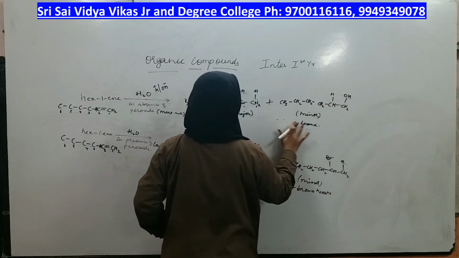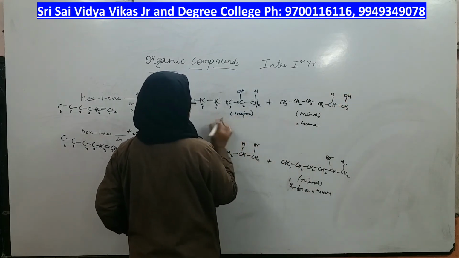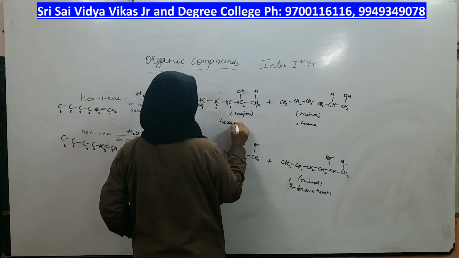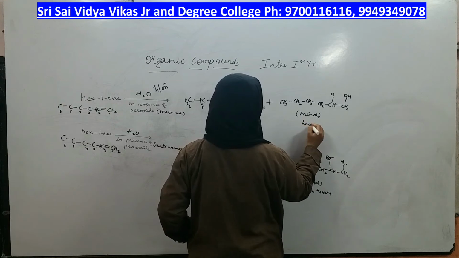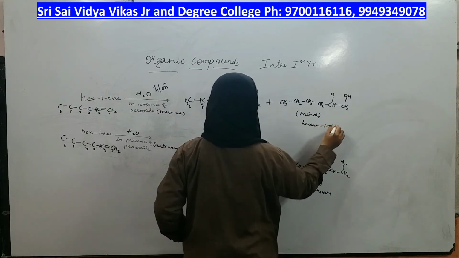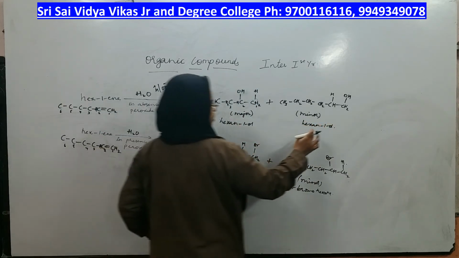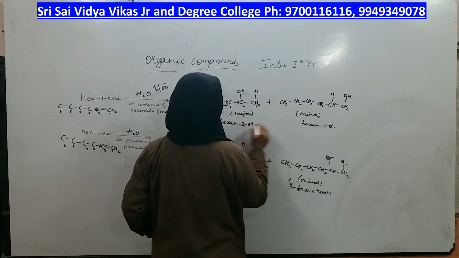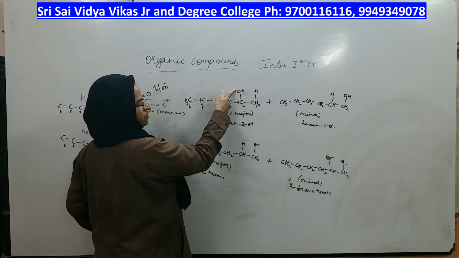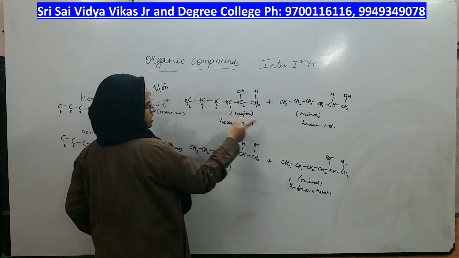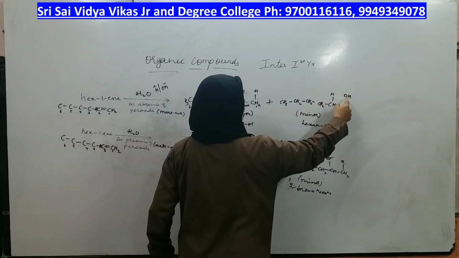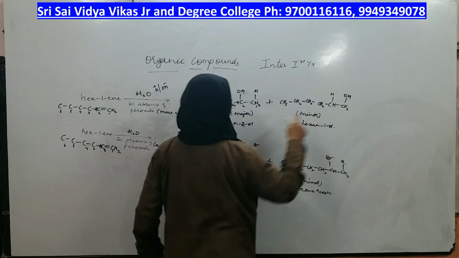What is the name of the product? Hexane-1-ol. Same way, hexane-1-ol. Sorry, 2-ol. This is 2-ol and this is 1-ol. Negative part of the addendum attaches to carbon containing less number of hydrogen, major. Negative part of the addendum attaches to carbon containing more number of hydrogens is minor.